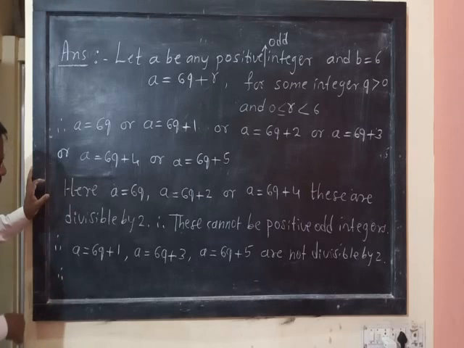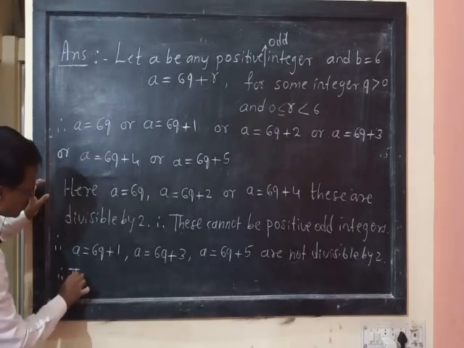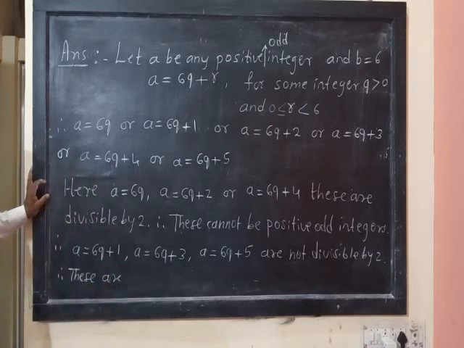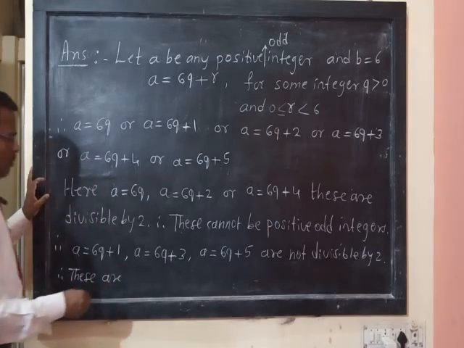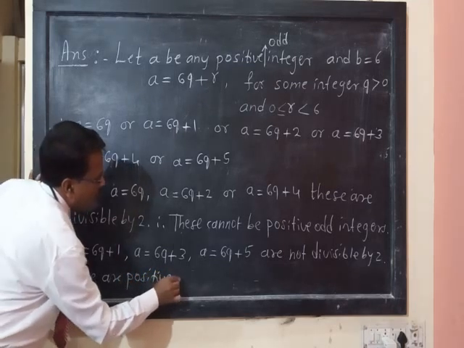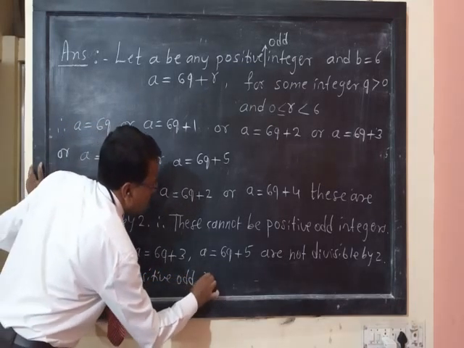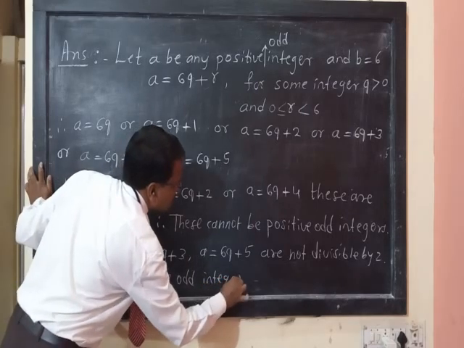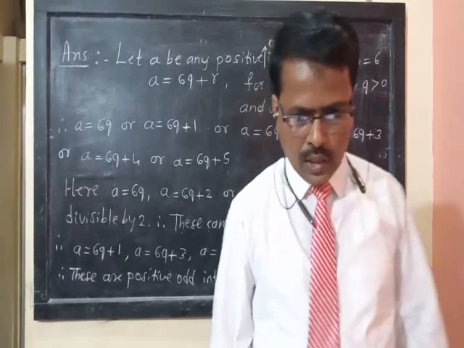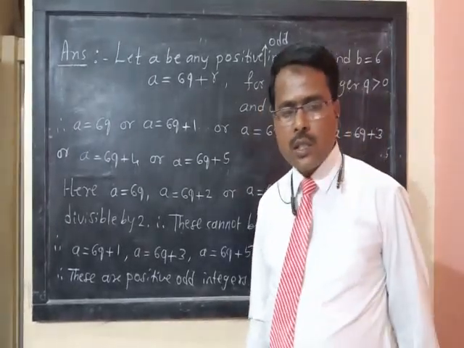Therefore, these are positive odd integers. That is, any positive odd integer is of the form.